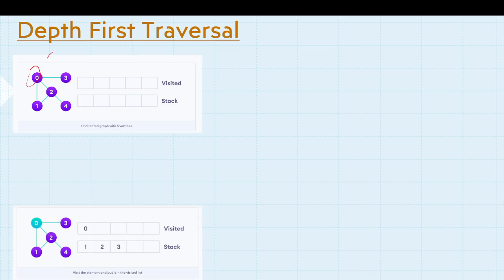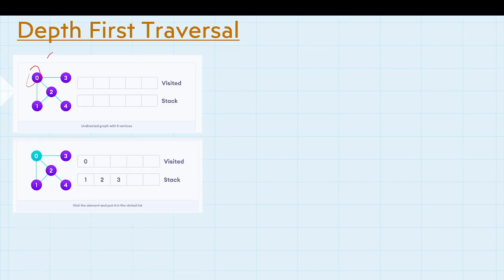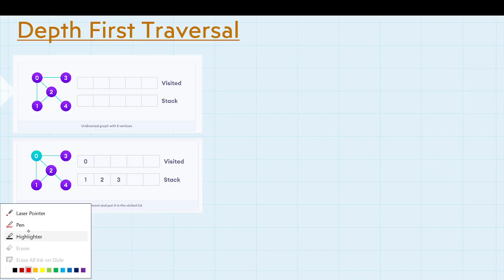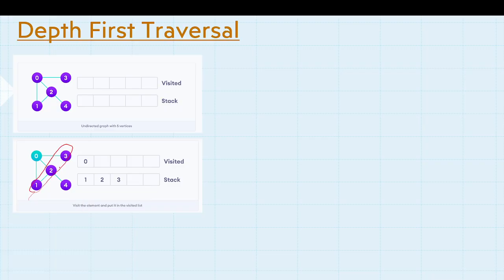So 0 is put on the visited list and all the adjacent vertices on the stack. Sorry, let me correct this. The adjacent vertices to node 0 are 1, 2, and 3, which are put on the stack.